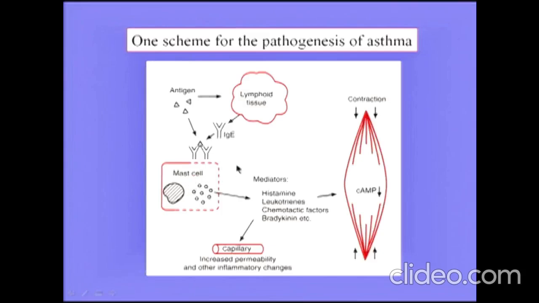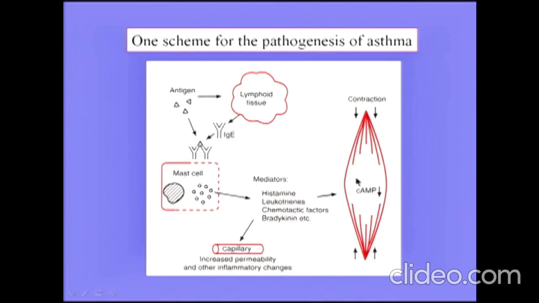Whatever cell it is, it releases mediators, or is responsible for the development of mediators, and these can be of a big variety here. And these mediators have two separate effects. One is that they induce inflammation, and in fact, for example, in the capillary, they will increase permeability, they will cause edema of the wall of the airway, for example, and other inflammatory changes as well.